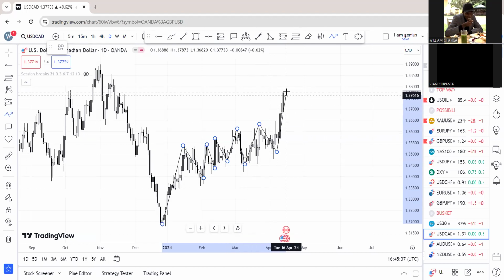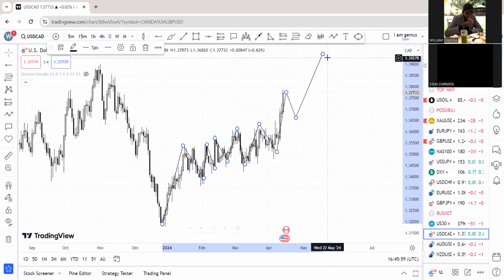Then all of a sudden, it made this long impulsive move. Now you know for a fact that the market won't be able to sustain this. It won't be able to continue this upwards move without making some kind of retracement before it continues going to the upside.